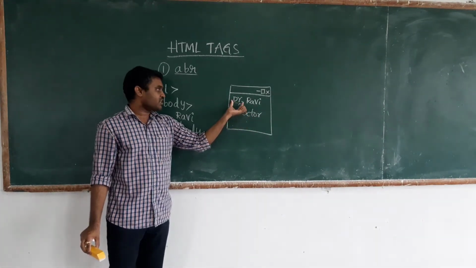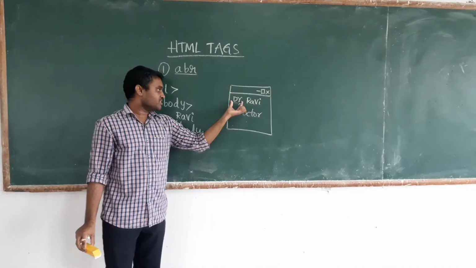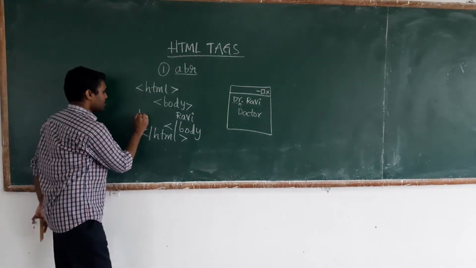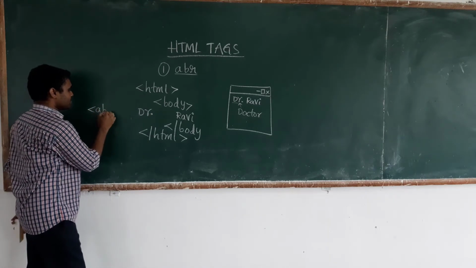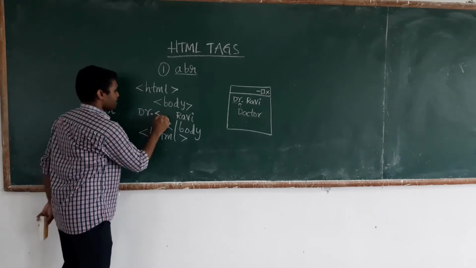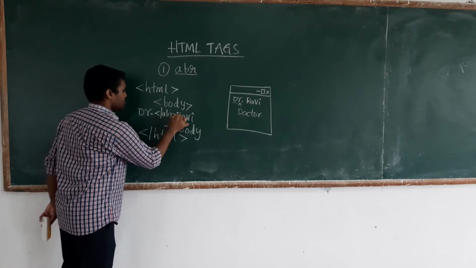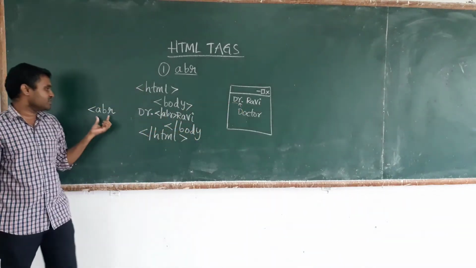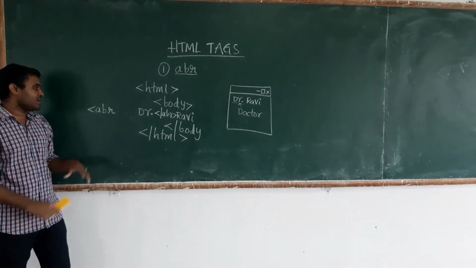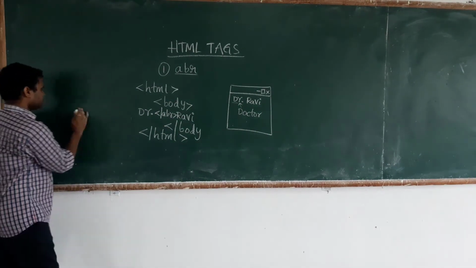So this particular text is abbreviated text. In such cases, this Dr is indicated by using a tag called abbreviation tag, ABBR. So this content will be displayed by using the ABBR tag. In this abbreviation tag, I am writing one more thing.